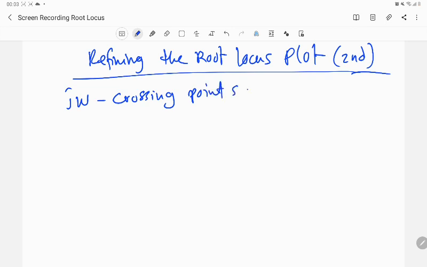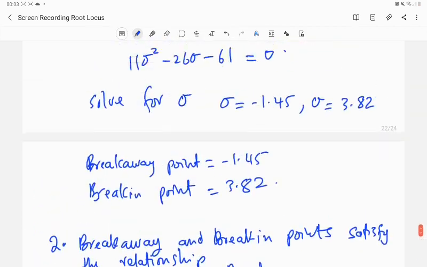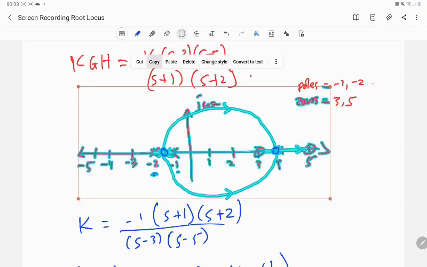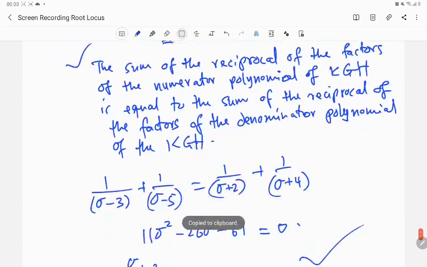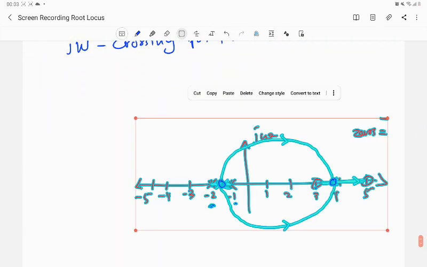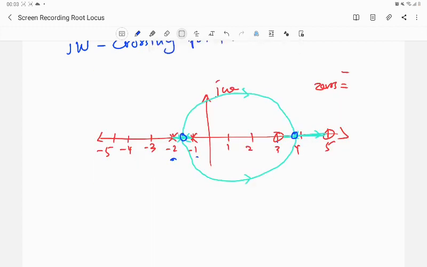So if, for example, we have a system like the one we plotted above, let me come up here and pick this system. Copy this, take it down, and then plot it. Paste it here. So this is the root locus we plotted earlier.